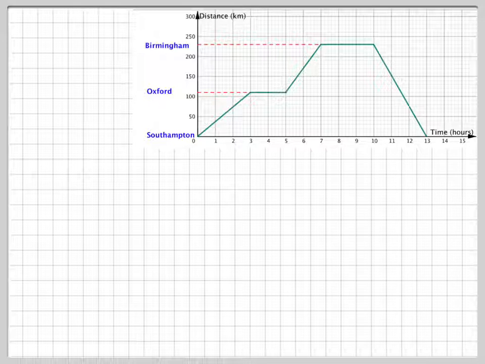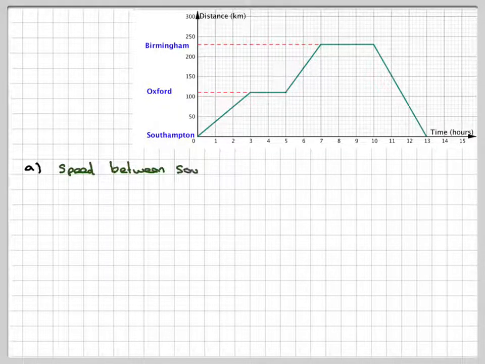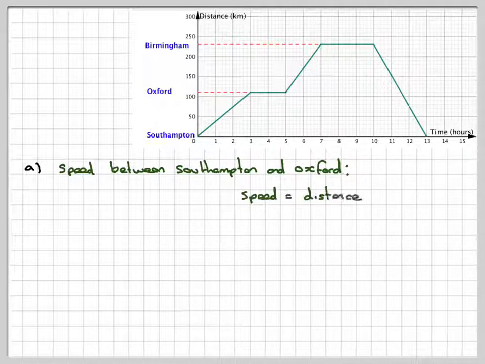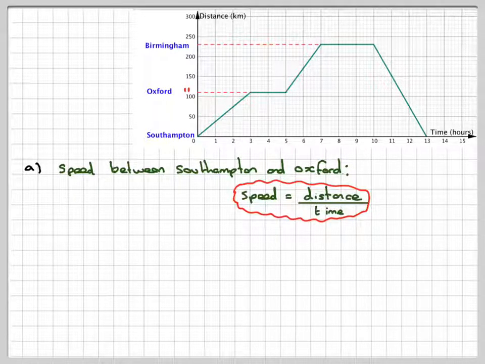Right, so what we want first of all is the speed of the journey from Southampton to Oxford. Well, Oxford from the graph we can see is at 110 kilometres from Southampton. We know that speed is distance divided by time.